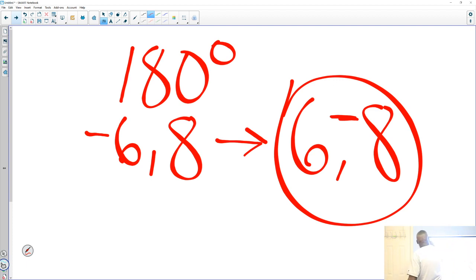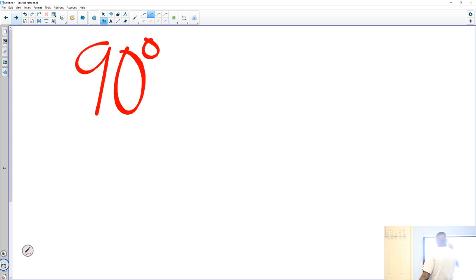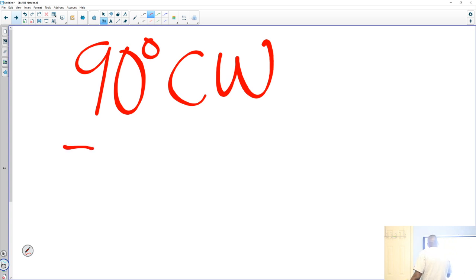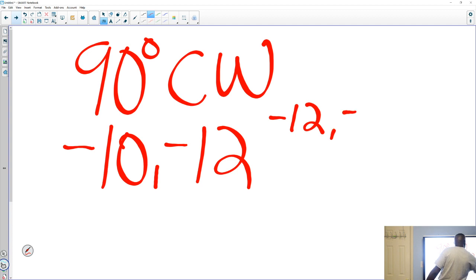All right, let's try this one right here: 90 degrees clockwise. I'm going to give you negative 10 and negative 12. The very first thing you're going to do is flip it. And then after you flip it, on clockwise, you change the second number.